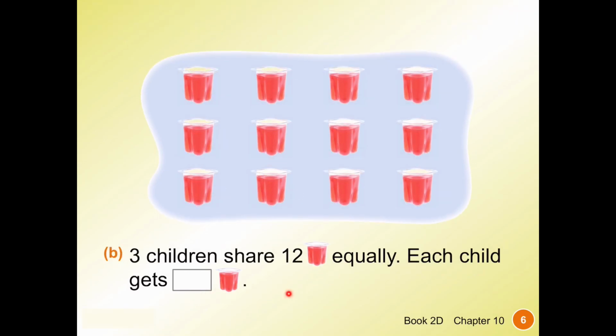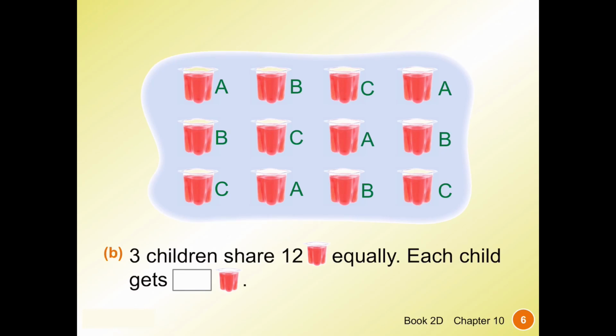For part B, right now we're trying to share the 12 cups of Jell-O among 3 children this time, and we'll try to find out how many each child would get. So instead of writing just A, B, A, B, this time we'll write A, B, C for the first round, and then A, B, C for the second round, A, B, C for the third round, and A, B, C for the fourth round.